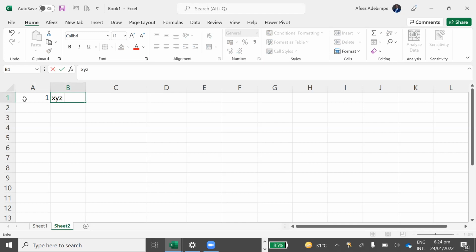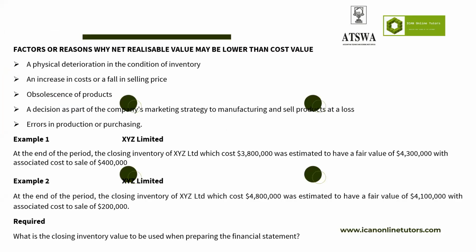XYZ Limited. This question borders on measurement of inventory. Inventory is measured at the lower of cost and net realizable value.